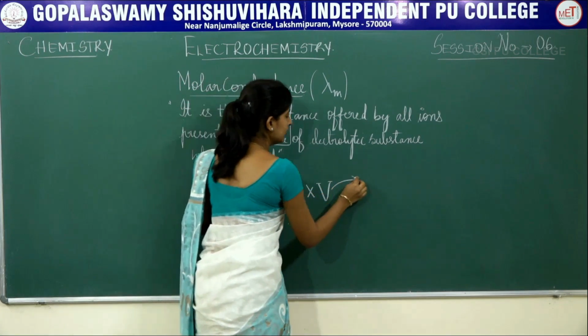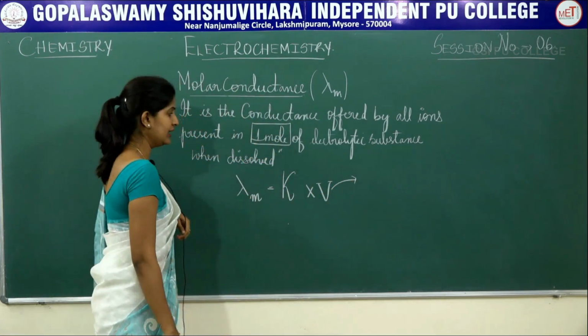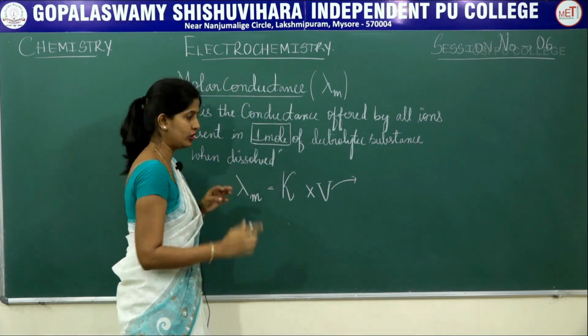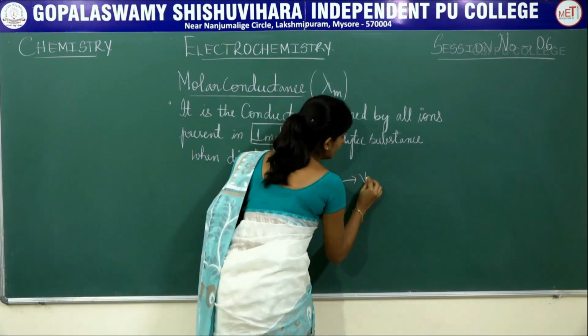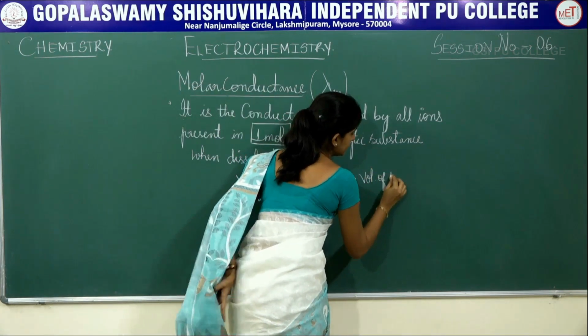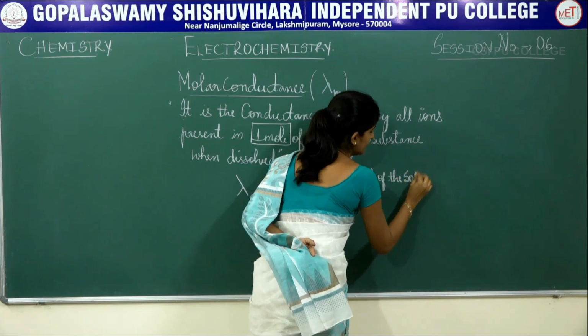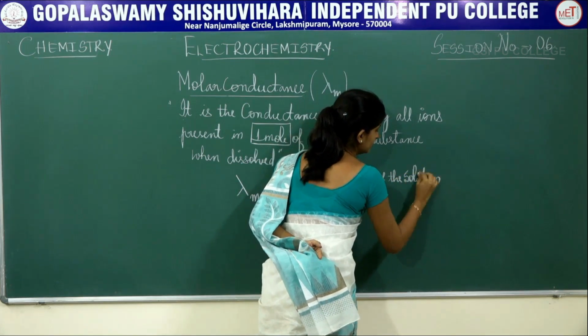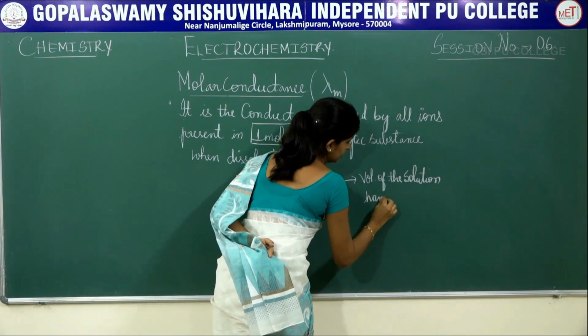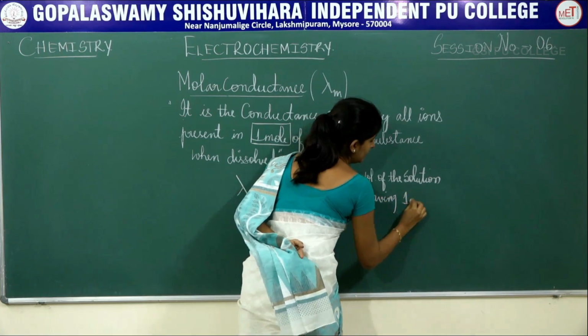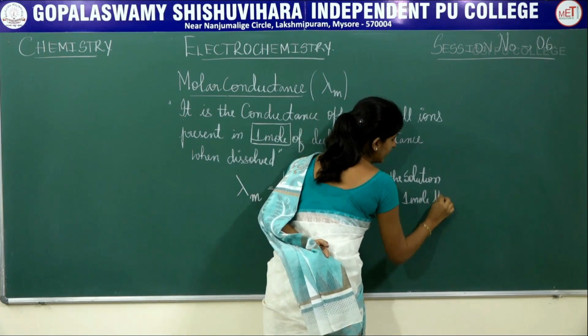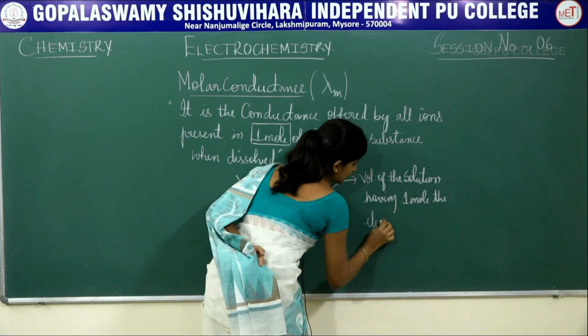Here volume is the volume of the electrolytic solution having 1 mole of the electrolytic substance.